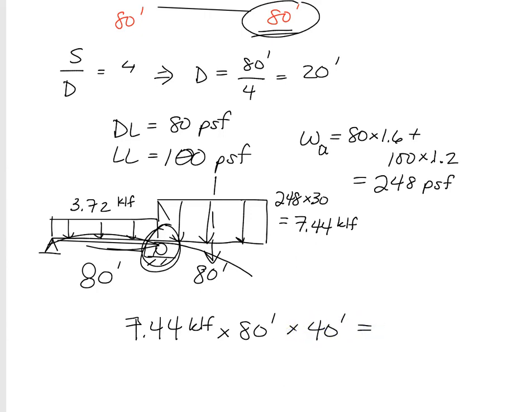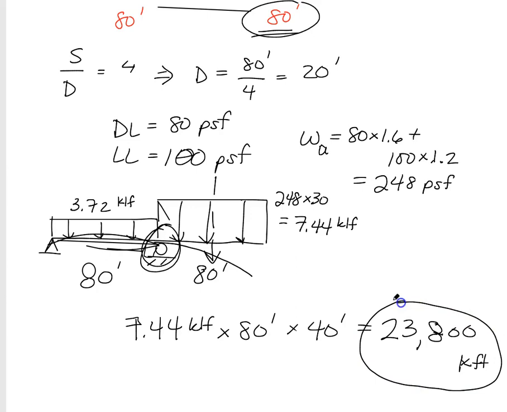And that would give us a value for the max moment in the beam, the demand moment. That would give us a demand moment right there of just under 24,000 kip feet. And so that's the moment that we've got in the truss.